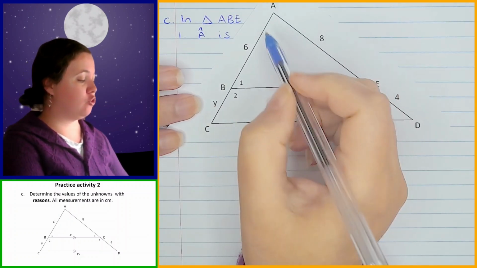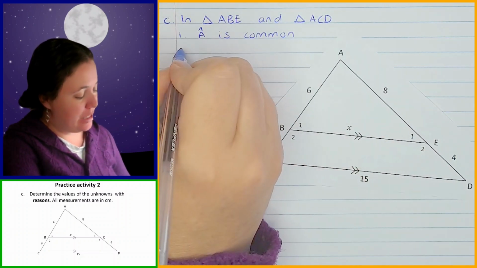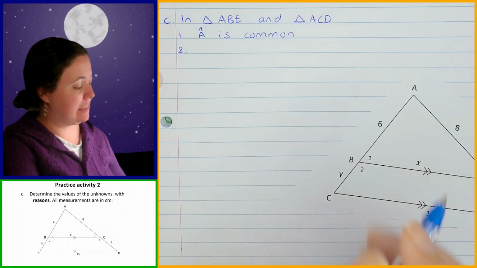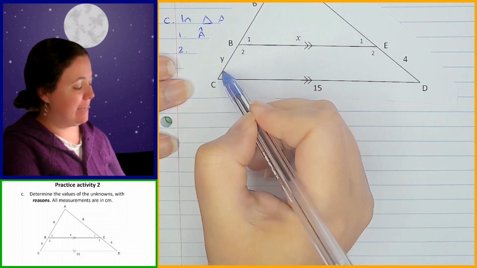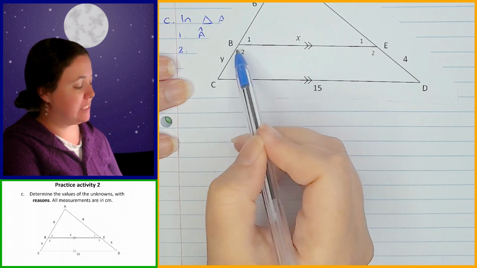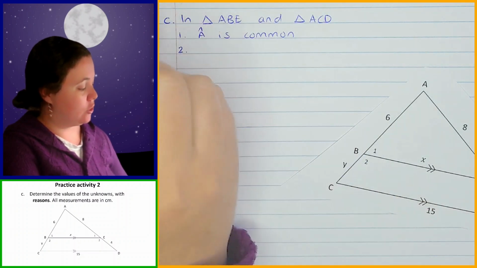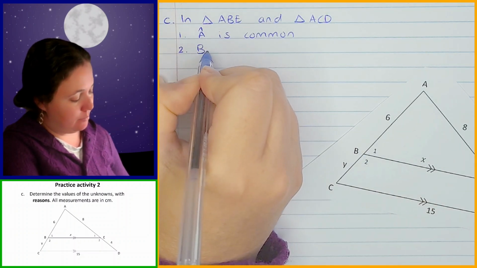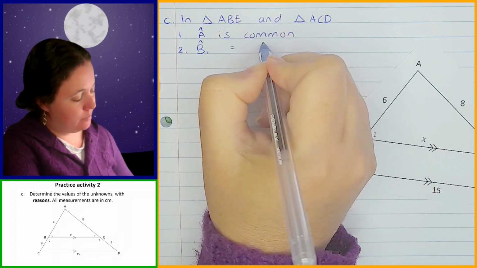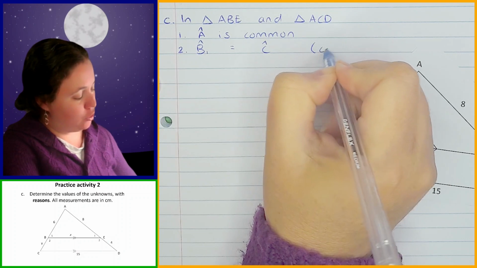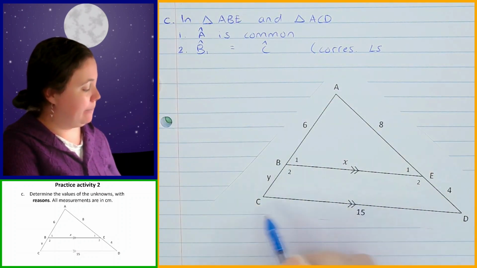The two triangles share that angle A. Then my next thing that I can say is that angle B1 is the same as angle C because they are corresponding angles with BE parallel to CD. So angle B1 equals angle C because they are corresponding angles with BE parallel to CD.